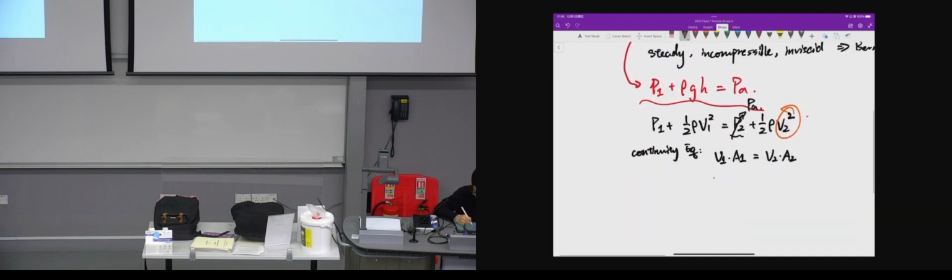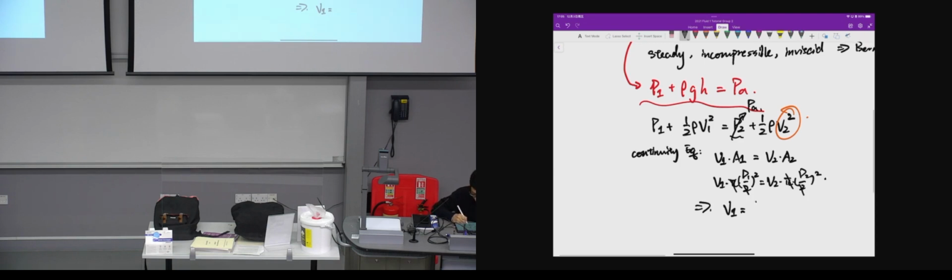So this gives us V1 times pi times half D1 squared equals V2 times pi times half D2 squared. Then pi and the 2 cancel, so V1 is D2 over D1 squared times V2.